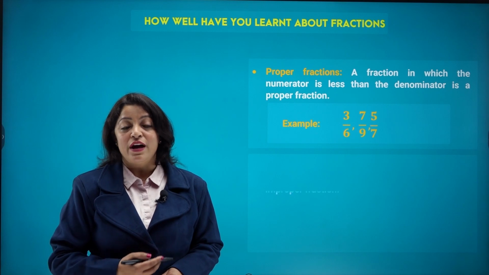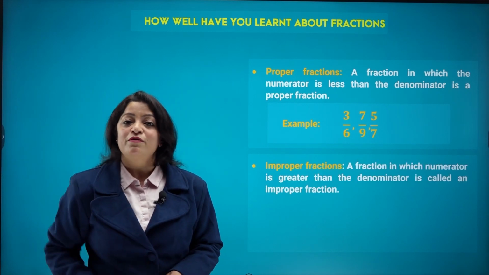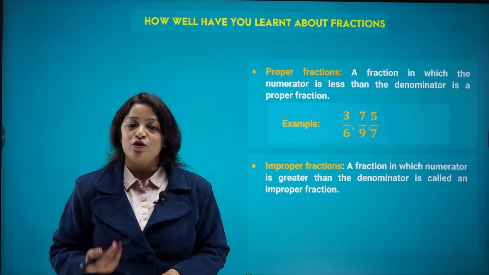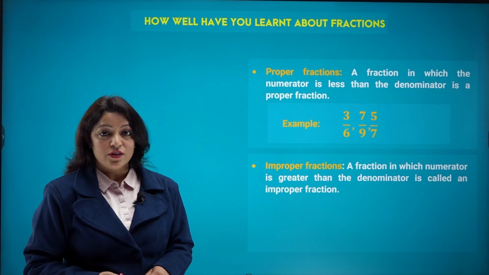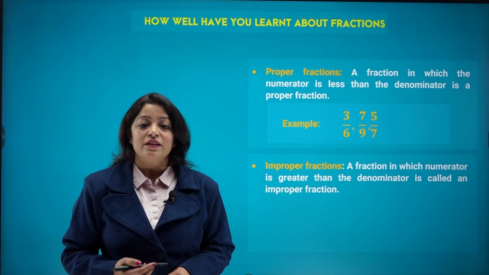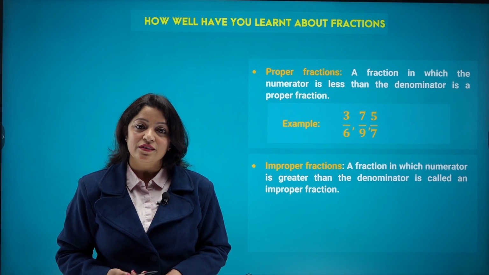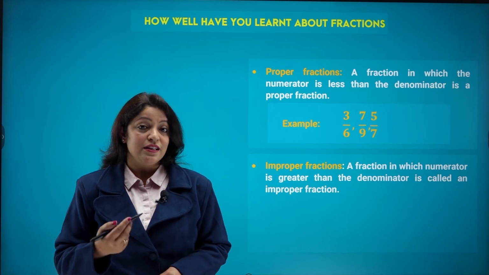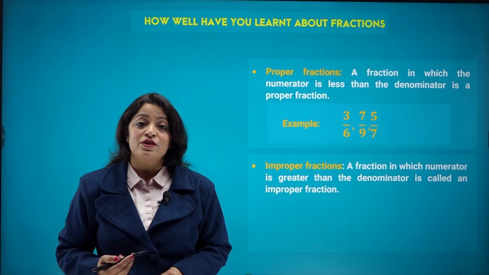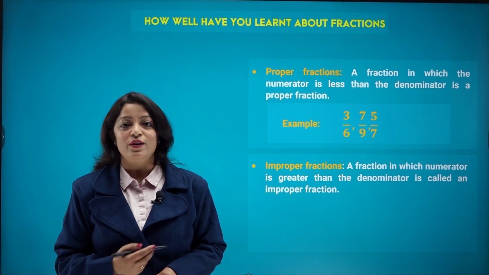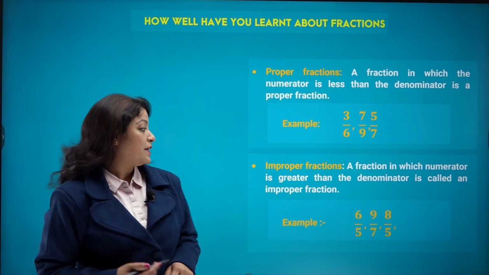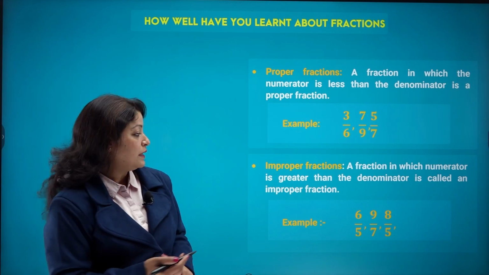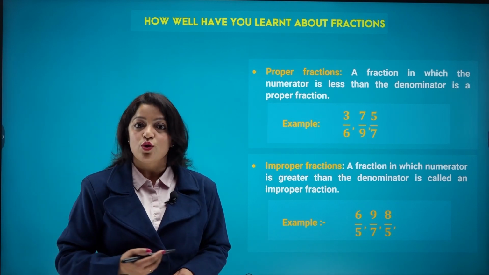The next type of fraction that we know is improper fraction. It's just the opposite of proper fraction. A fraction in which the numerator is greater than the denominator is called an improper fraction. And remember, an improper fraction will be greater than 1 always. For example, 6 over 5, 9 over 7, 8 over 5.